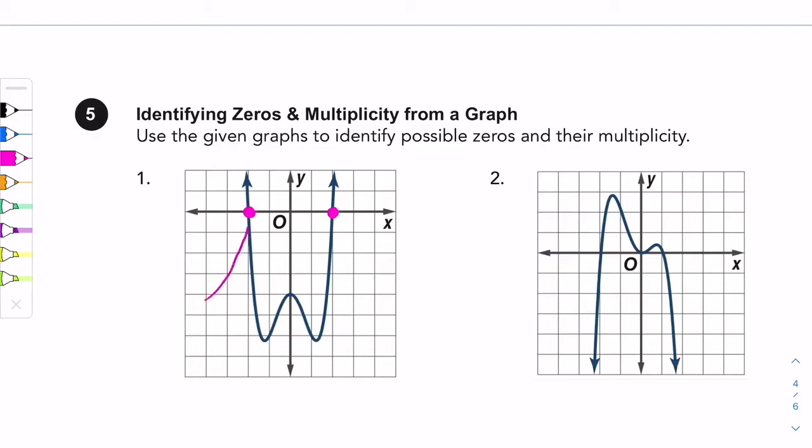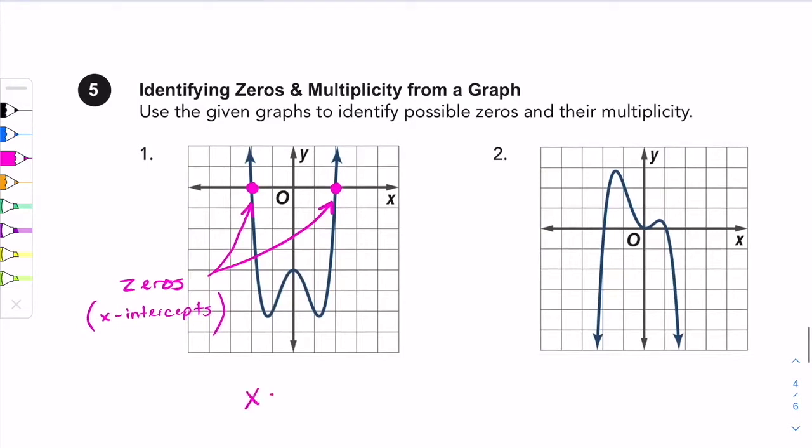We can either call these zeros or we can call them x-intercepts. I know that one of them happens at x equals -2, and the other one occurs at x equals +2.